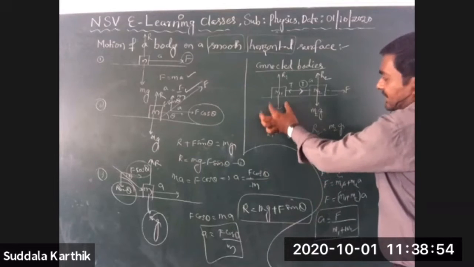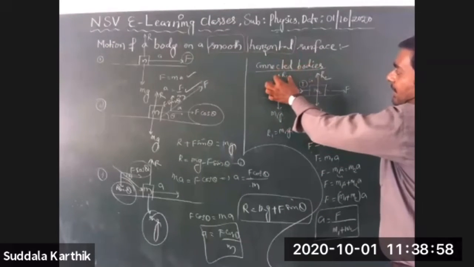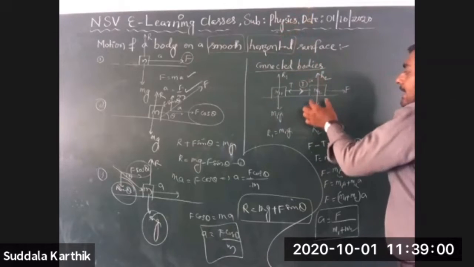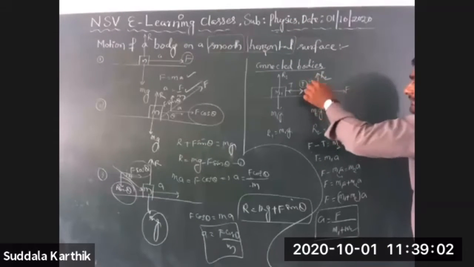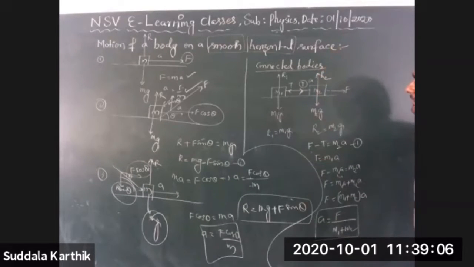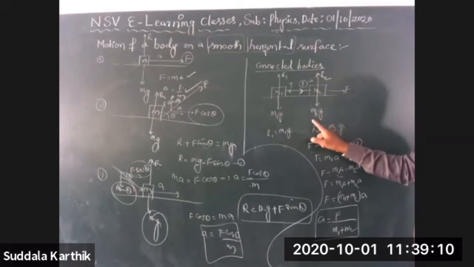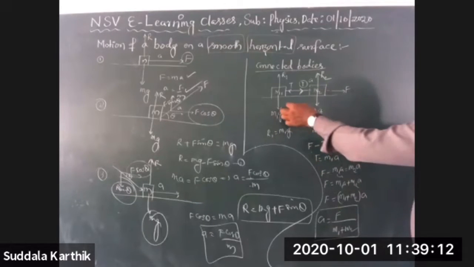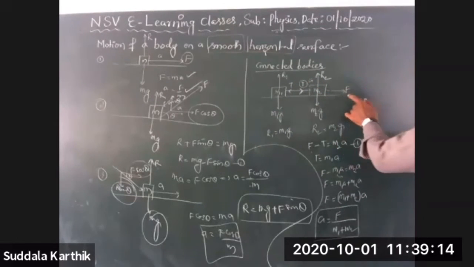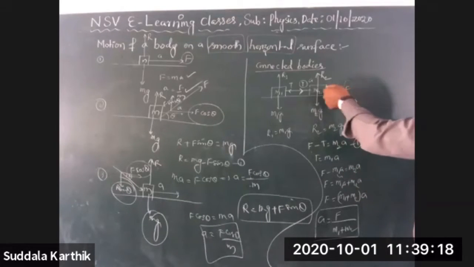This m1g is the weight of this body, and the equivalent normal reaction R1 is in the upward direction. For m2, the weight m2g is in this direction, and the normal reaction is in the upward direction. R1 equals m1g, R2 equals m2g, and capital F force was applied in this direction.